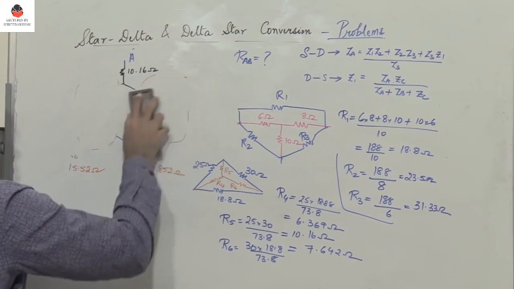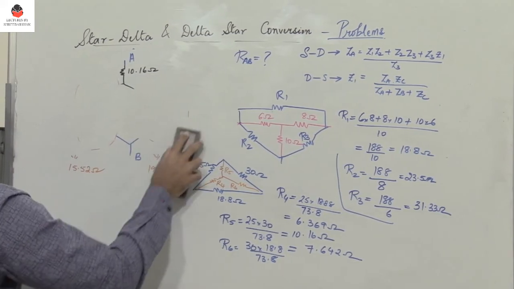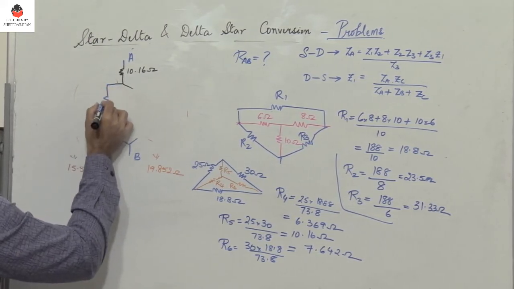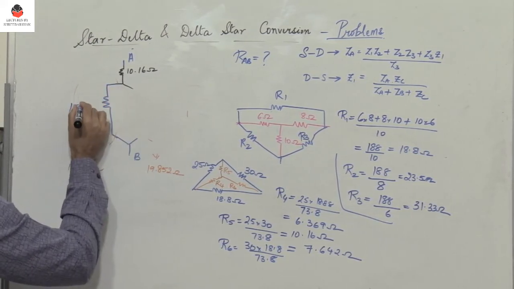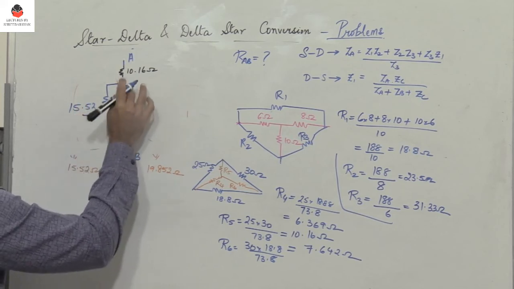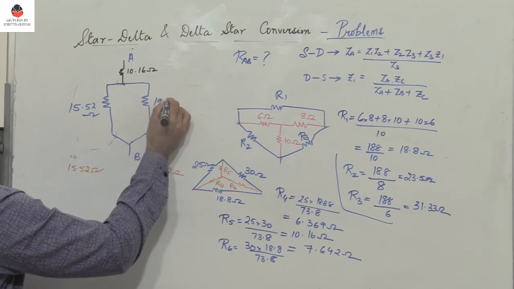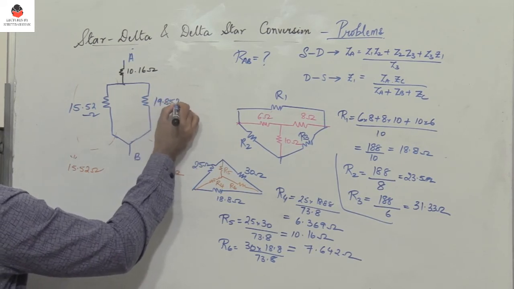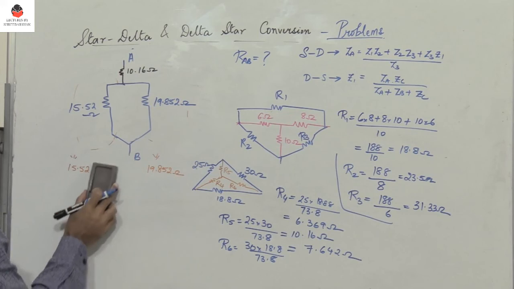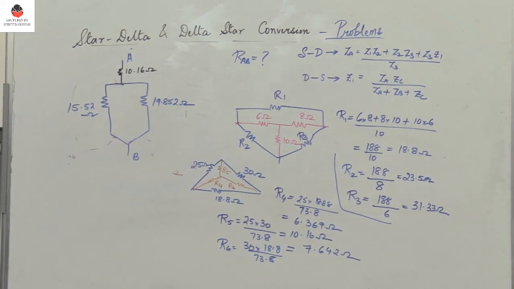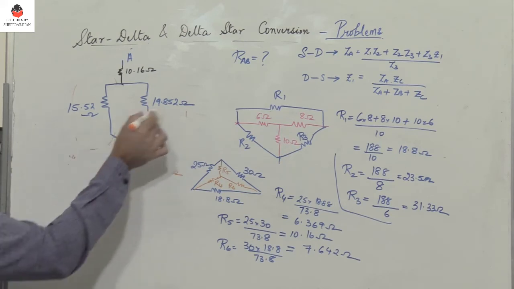So now replace these two resistors by their equivalent resistors, which is nothing but the sum of those two resistors. So here I have 15.52 ohm, and here I have 19.852 ohm. To find the equivalent resistance between A and B, again observe that these two resistors are in parallel.